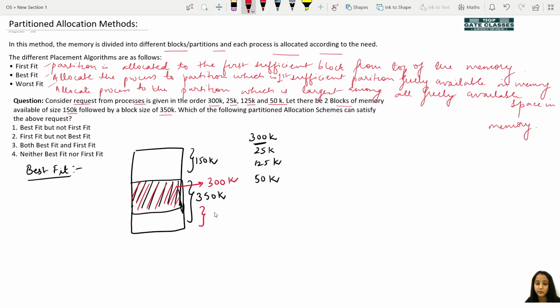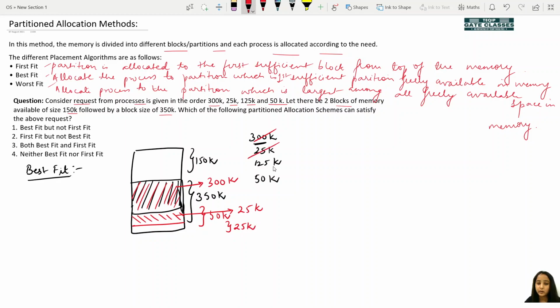How much space is available? 50K. Okay, this is done. Next, 25K. 25K can be accommodated here, so I will accommodate 25K here. How much is left? Still 25K is left.